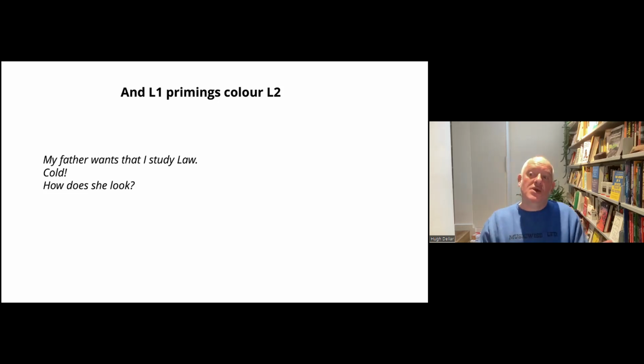Because you understand the idea of father, want, study, law, cold, look. Those ideas are obvious to you, but you're bringing with you the grammatical patterns from your first language that attach themselves to those words, but that don't work like that in English. So your L1 influences the way in which you expect or hope or wish English works.